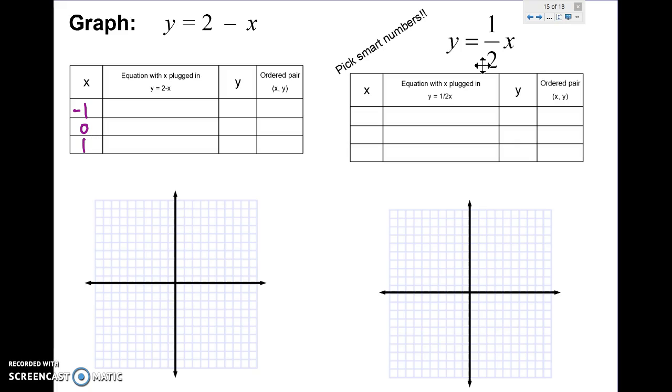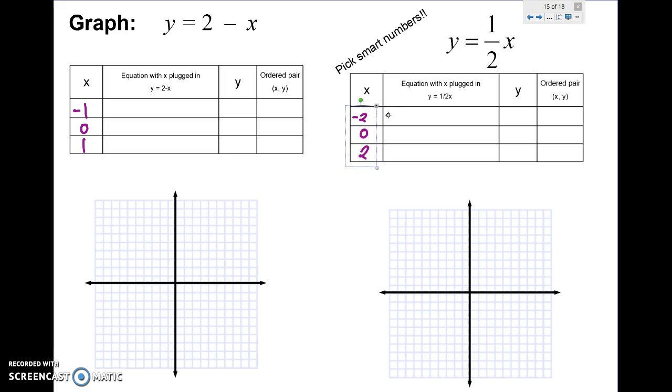But over here, if I pick -101, I'm going to end up with a fraction still, and I don't want to have a fraction. So I want to pick numbers that are going to clear my fraction, and those would be numbers that the denominator goes into evenly. So 2, 4, 6, 8, 10, 12, anything like that. So I'm going to pick -2, 0, 2.